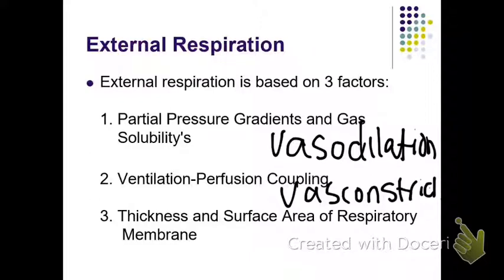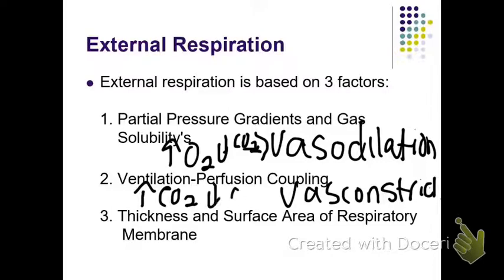And so when we have vasodilation, you are going to have an increase of oxygen with a decrease in CO2, so that we have maximum surface area for the capillaries to expand. And under vasoconstriction, we're actually going to have an increase in CO2 and a decrease in O2.